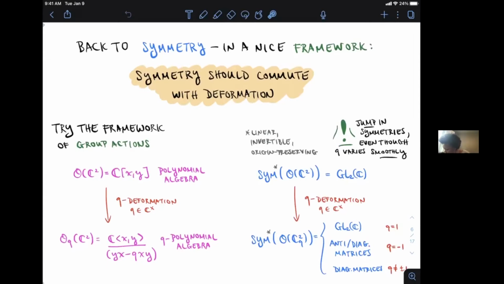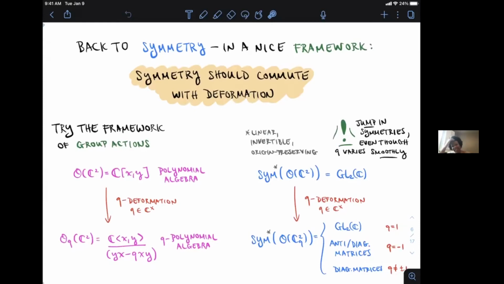So for instance, if I take the Q polynomial algebra at Q equal to -1, so yx is equal to minus xy here, I can only have diagonal matrices and anti-diagonal matrices act linearly on such an algebra. And if I move away from Q equal to plus or minus 1, I only have diagonal actions here.